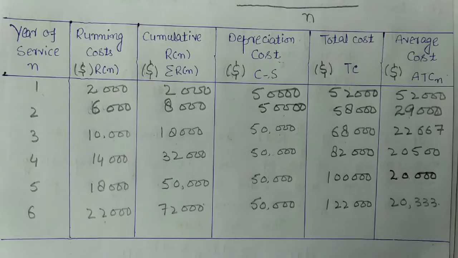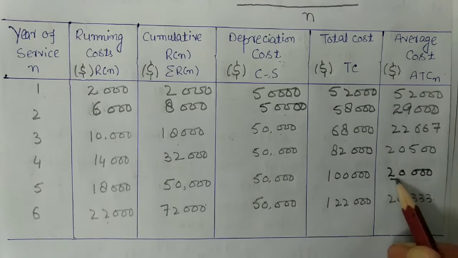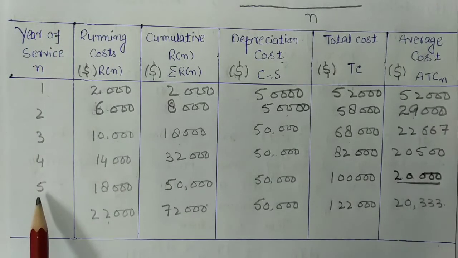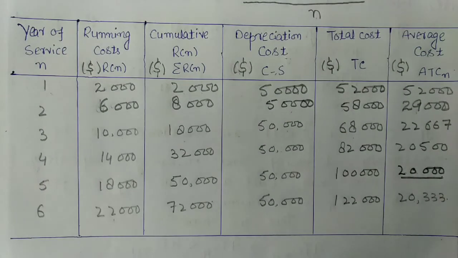For this, first of all, we will check the lowest average cost for machine B. Here the lowest average cost for machine B is 20,000 for the year of service 5. Machine A will be replaced by machine B if the lowest average cost for machine B is lower than the lowest average cost for machine A.